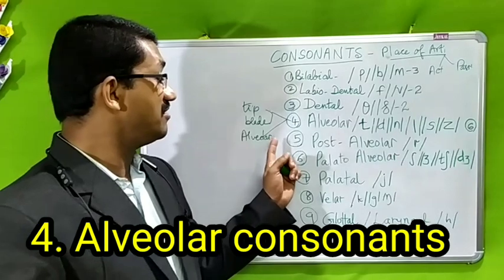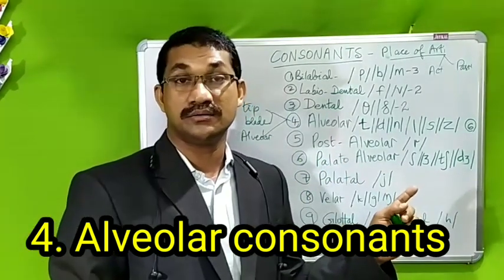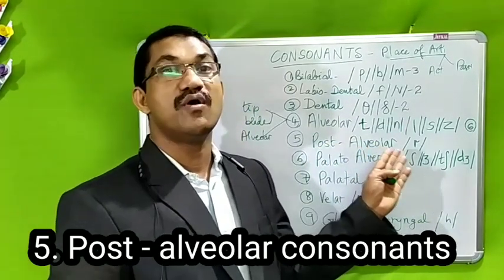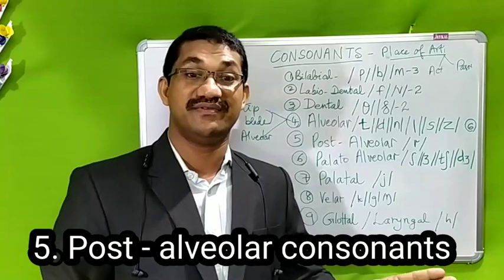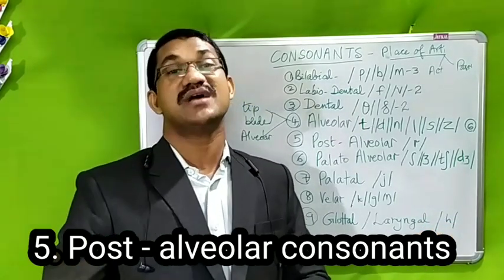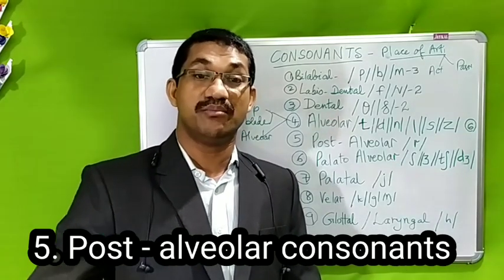Now we move on to the fifth division of the consonant sounds based on the place of articulation, that is of course post-alveolar sounds. Again, very obvious, because post means after. Alveolar is the teeth ridge.